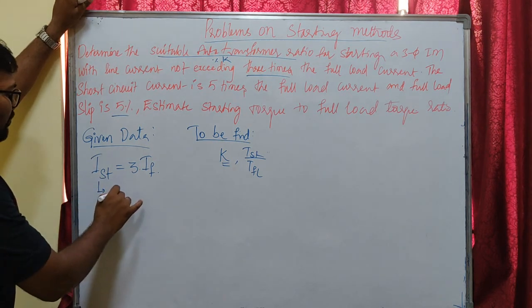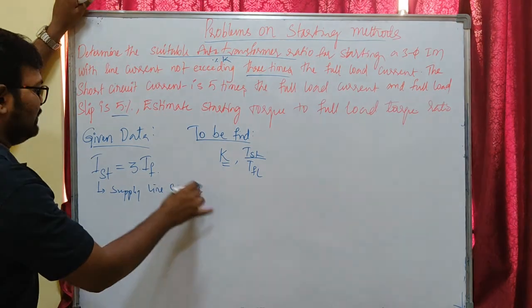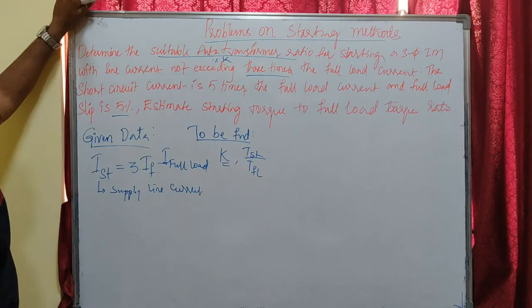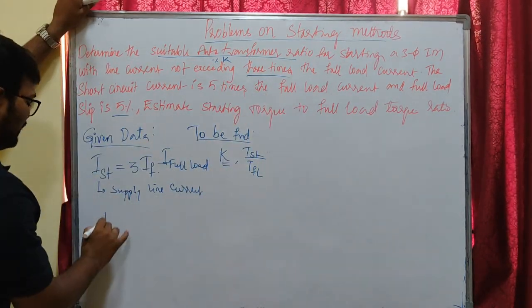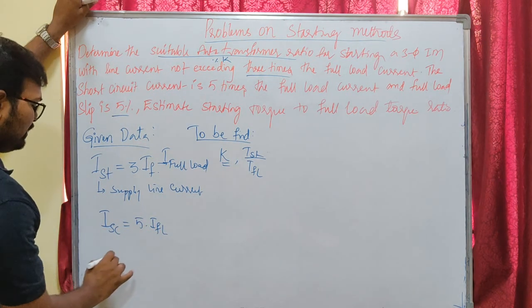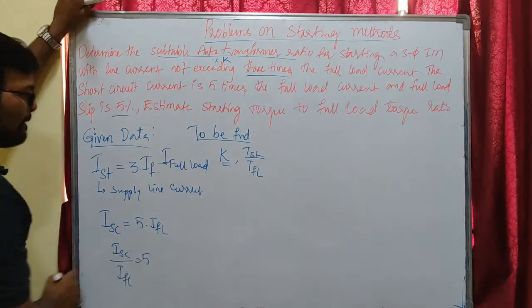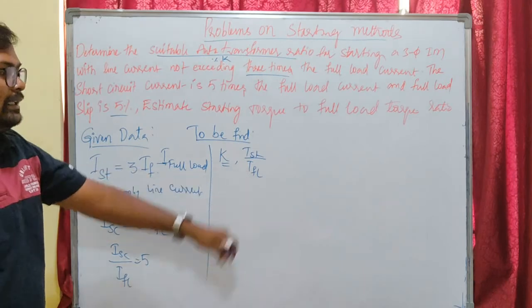This is my supply line current, and this is my full load current. The short circuit current is 5 times the full load current, that means ISC by IFL ratio will become 5. Now we have to find the ratio of the transformer and TST by TFL.